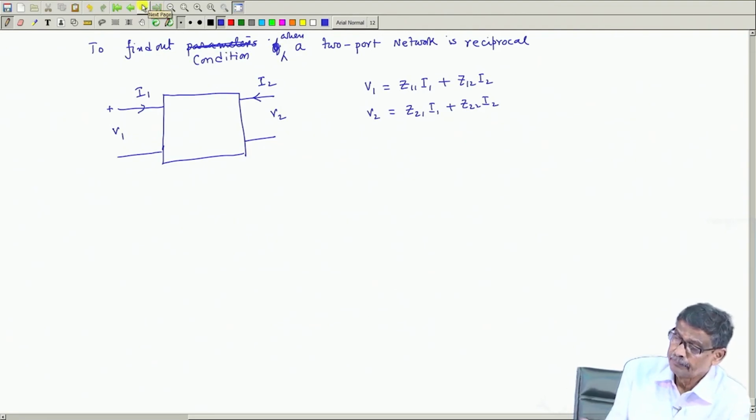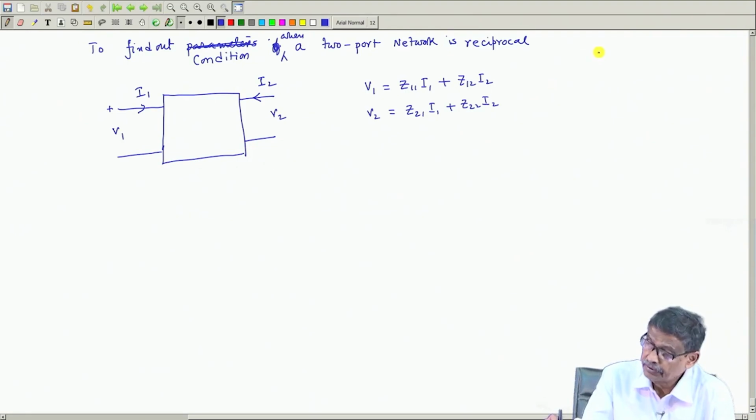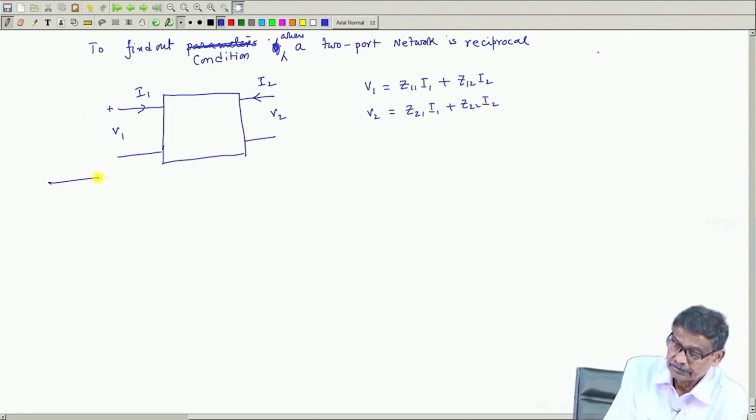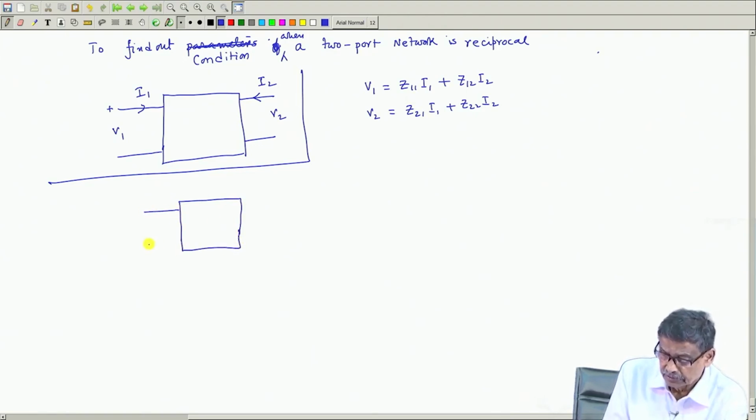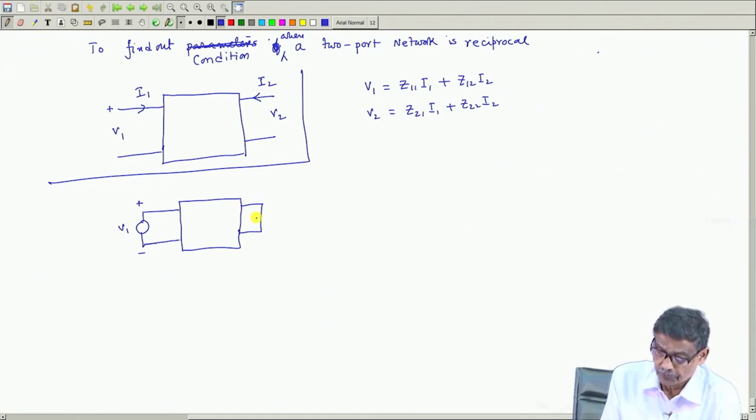If the network is reciprocal, you excite the input port with a voltage V1 and short circuit the output port and record this current I2, and this is I1.